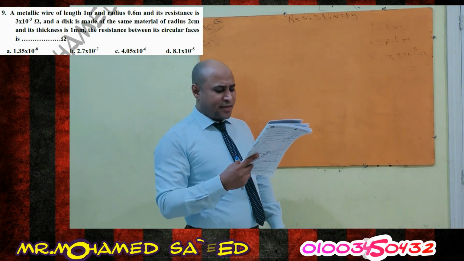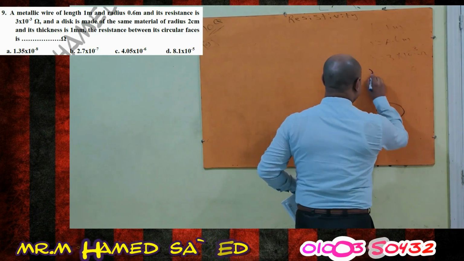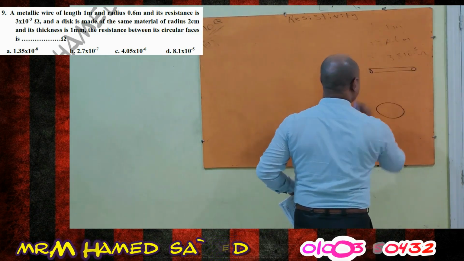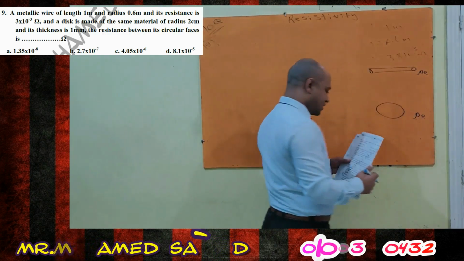And a disc is made of the same material. So ρ of this wire equals ρ of the disc.